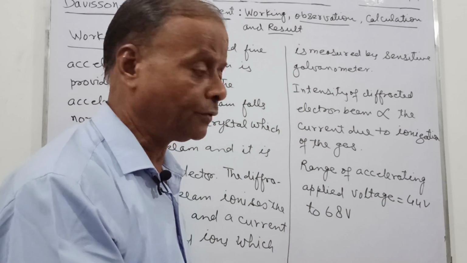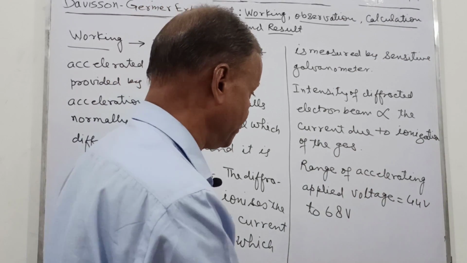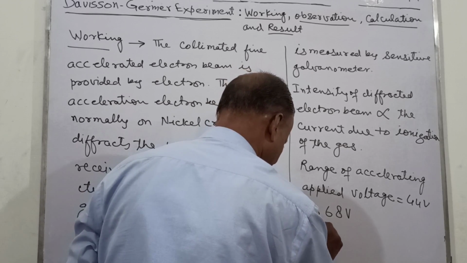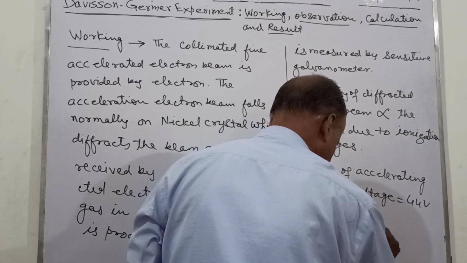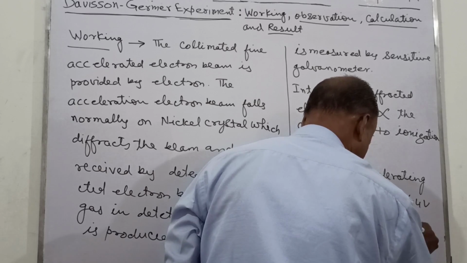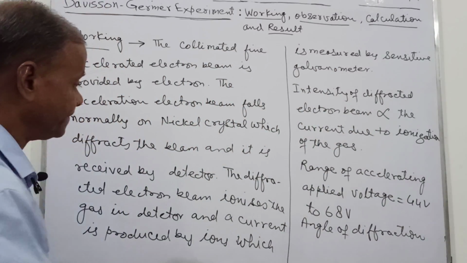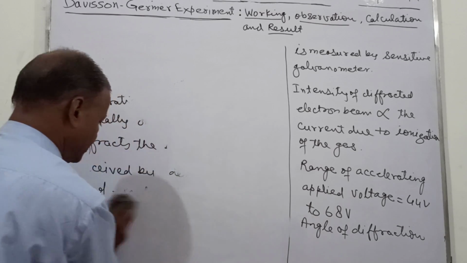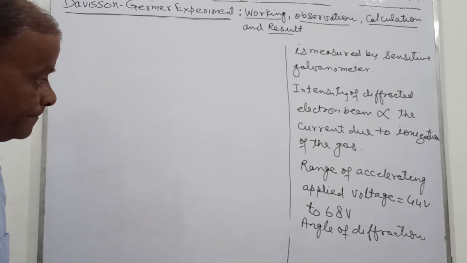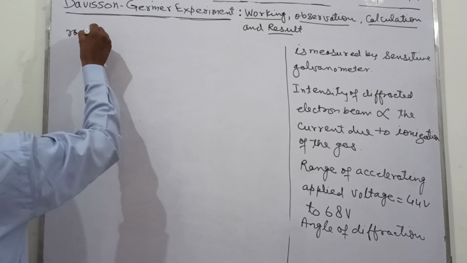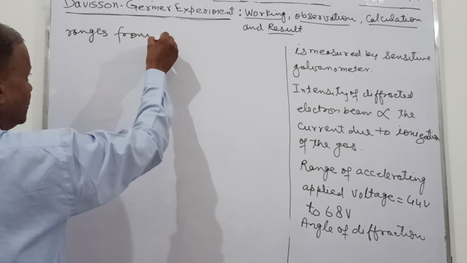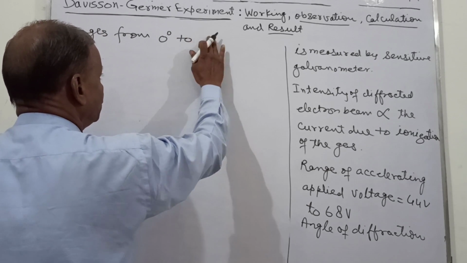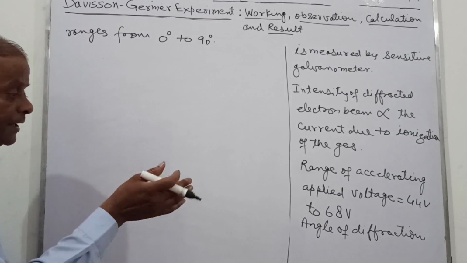The electron beam is accelerated from 44 volt to 68 volts, and the angle of diffraction ranges from 0 degree to 90 degree. This is the range of the angle of diffraction.